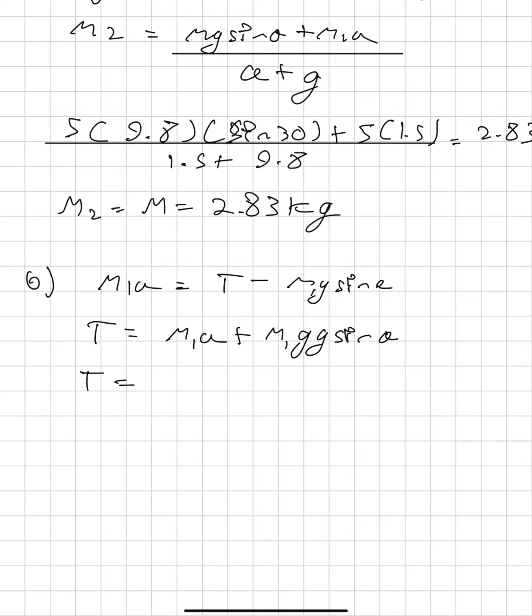So T is equal to 5 into 1.5 plus 5 into 9.8 into sin 30, which is 0.5. Now if I put this into my calculator, I'm going to get 32 newtons.